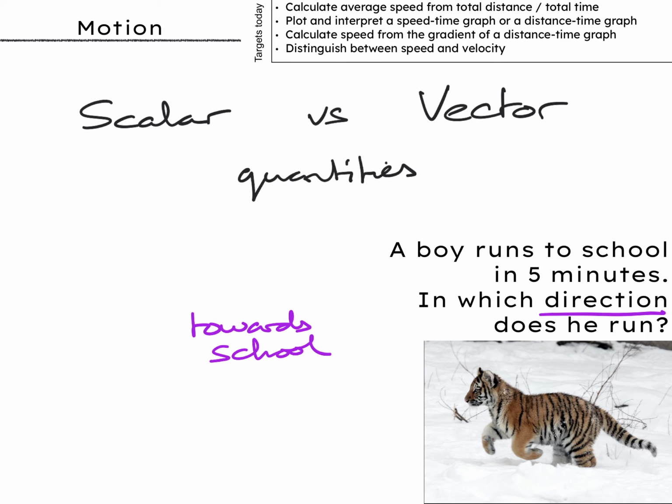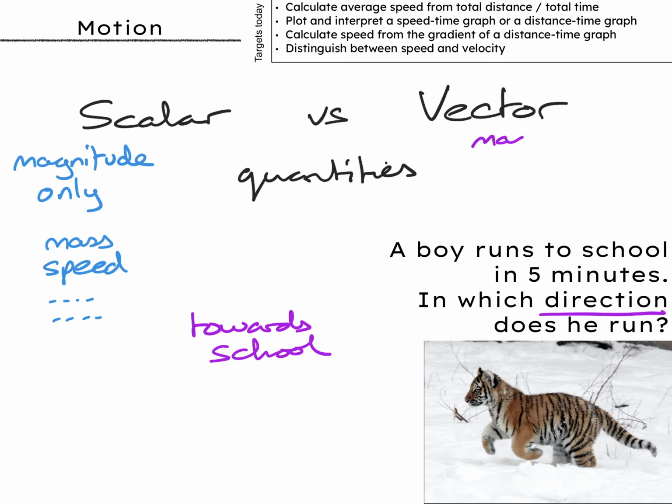A scalar quantity is one that has magnitude only: owning 3 cats, having a mass of 50 kilograms, a speed of 2 meters per second. A vector quantity has magnitude and direction: running towards school, having a weight of 500 newtons pulling you down, a velocity of 2 meters per second to the right.